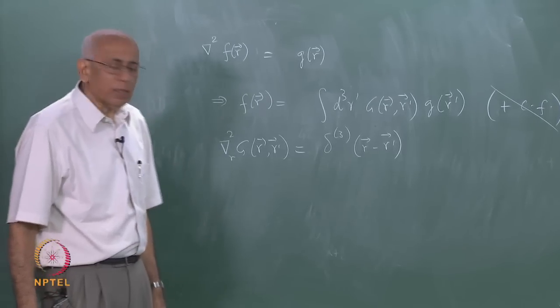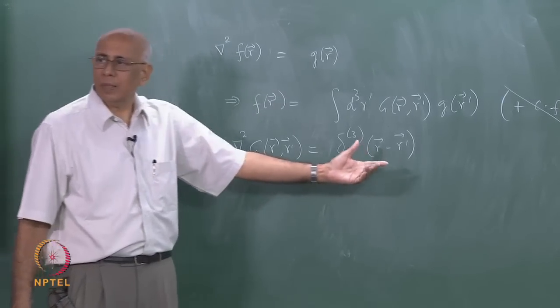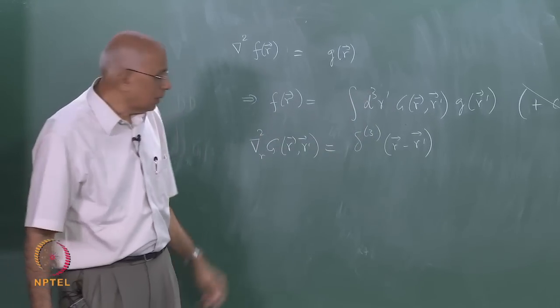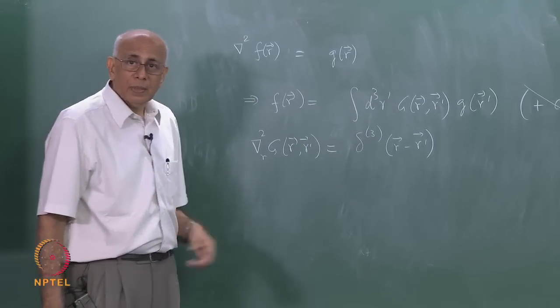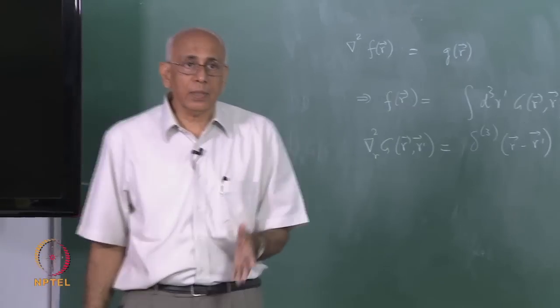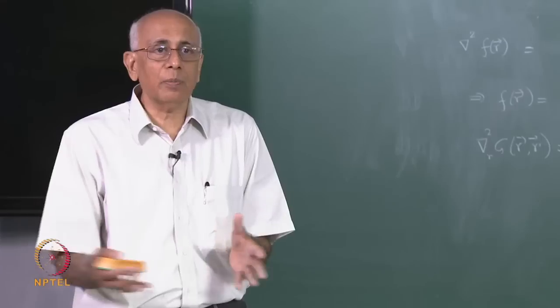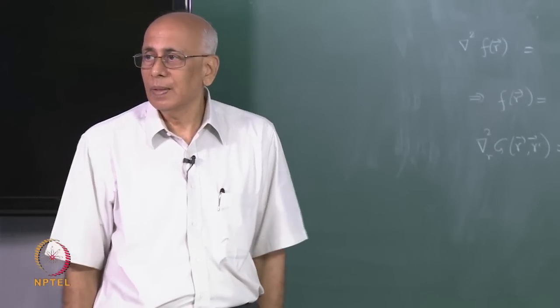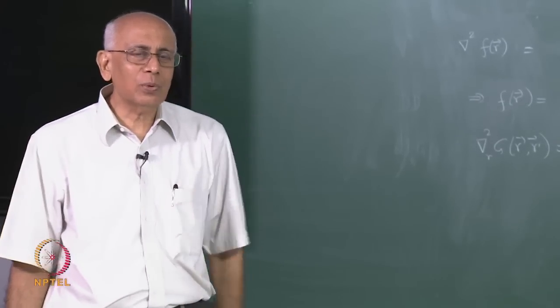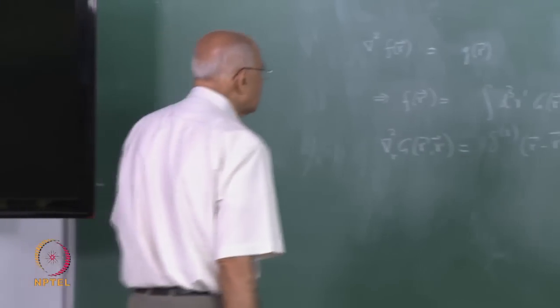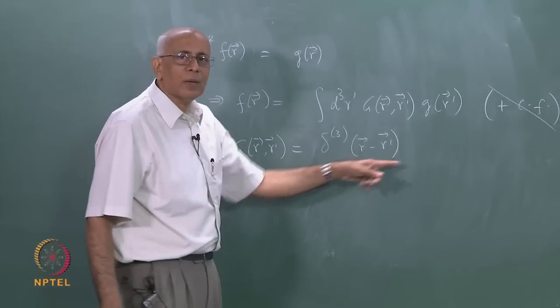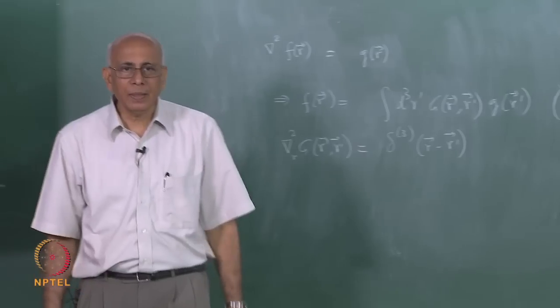The reason is that the right hand side is a function of r minus r prime. Del itself, the derivative with respect to r, is the same as the derivative with respect to r minus r prime. For every fixed r prime it is just a shift. Are these two statements enough to say that the solution will also be a function of only r minus r prime?